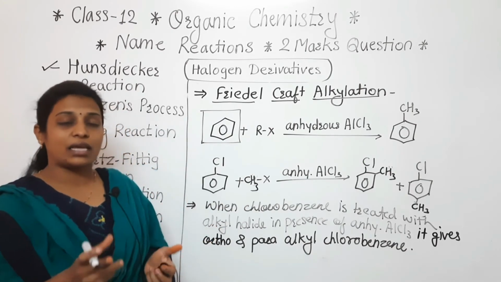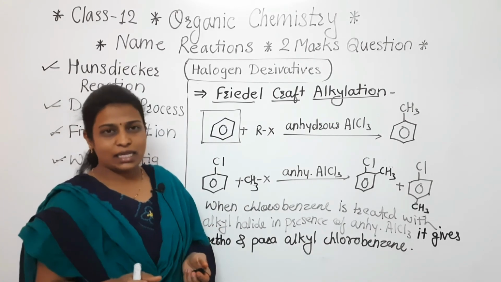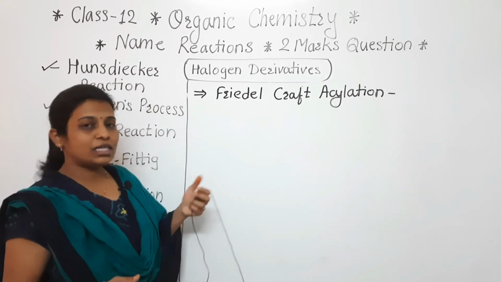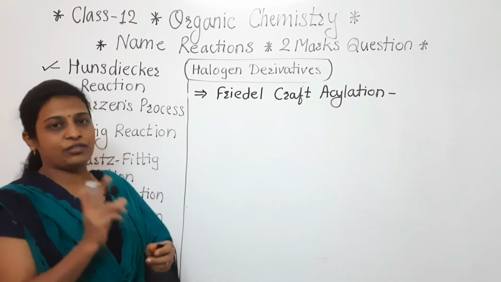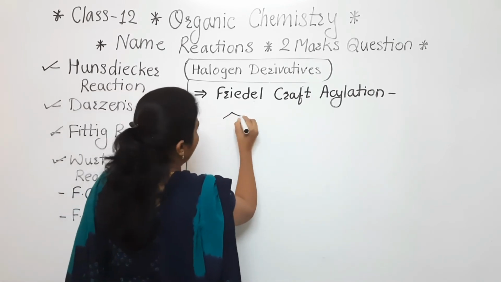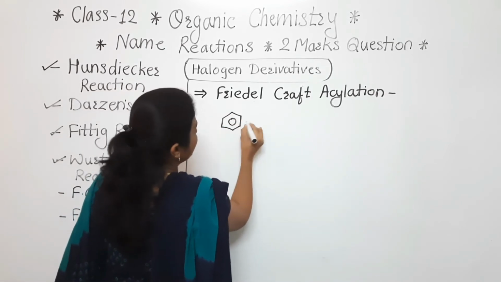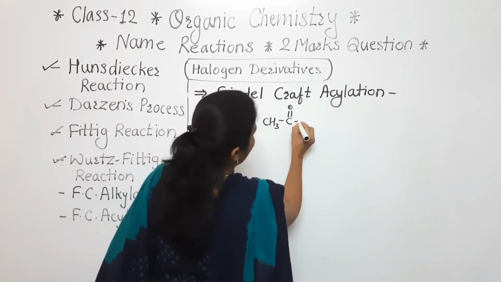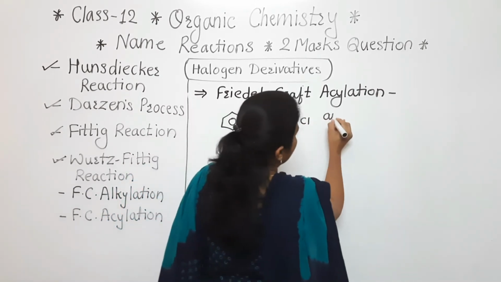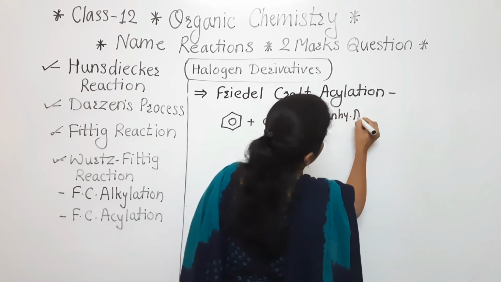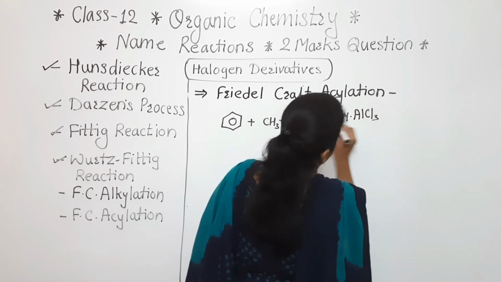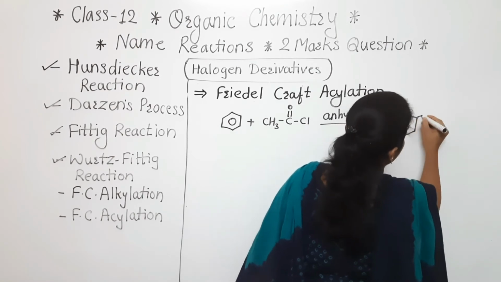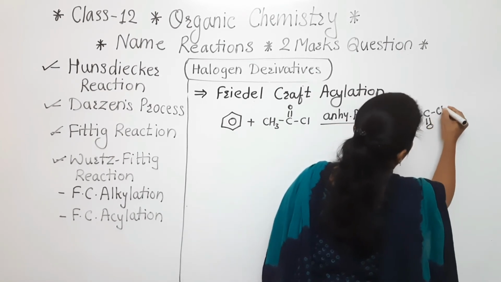Now we will discuss the second one, that is the Friedel-Crafts acylation, and this is the last reaction from this topic. Now see, in that also we will write firstly the reaction. See, when benzene is treated with acetyl chloride, C double bond O Cl, in presence of anhydrous AlCl3, it gives acetophenone.